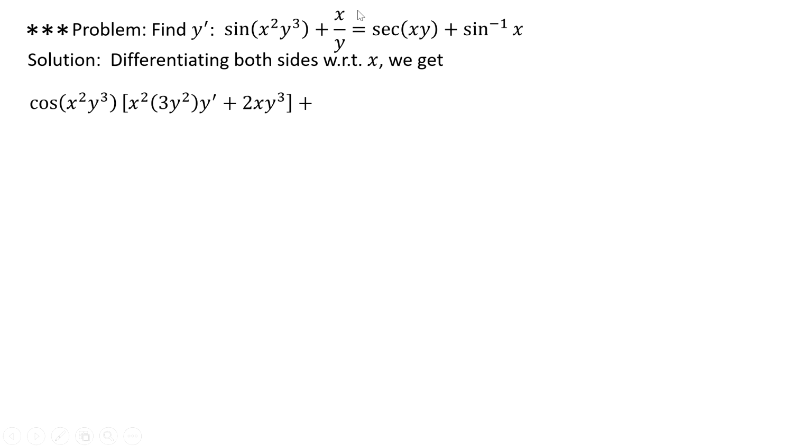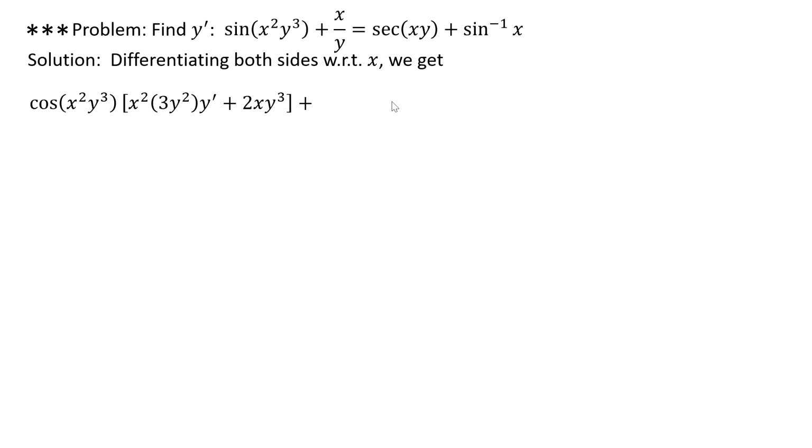Now tell me, what's the derivative of x over y? That is not so simple as it looks, because both x and y are functions of x. So would you agree that we need to apply the quotient rule? What's the quotient rule? Low d high minus high d low over low low.